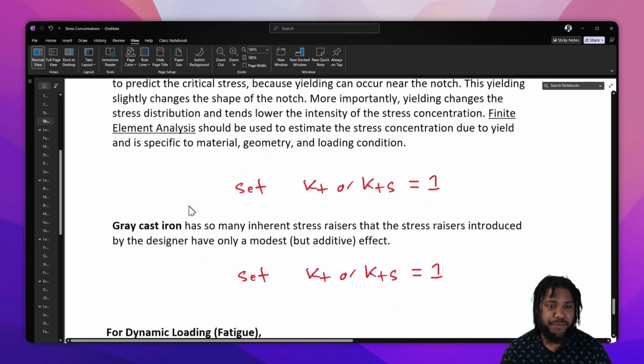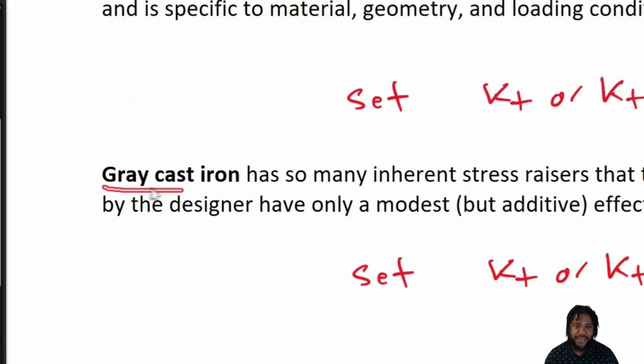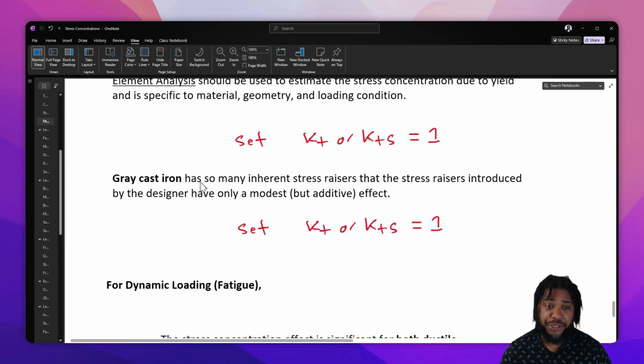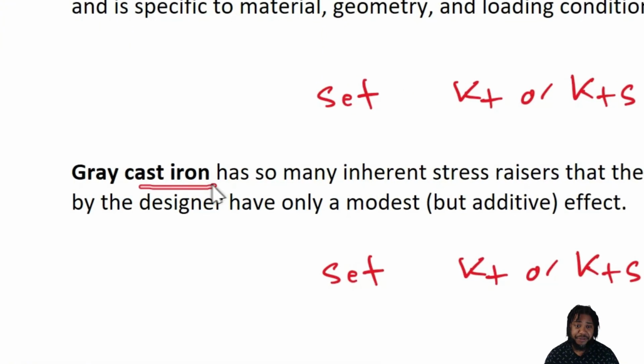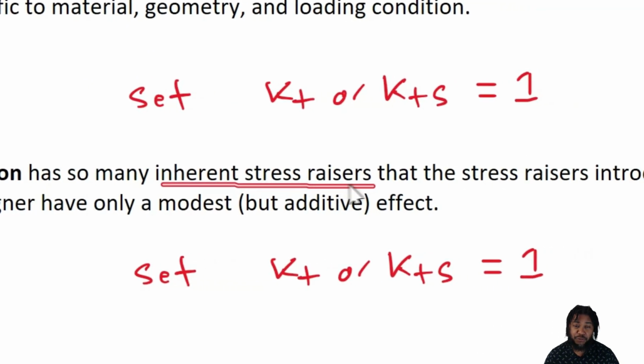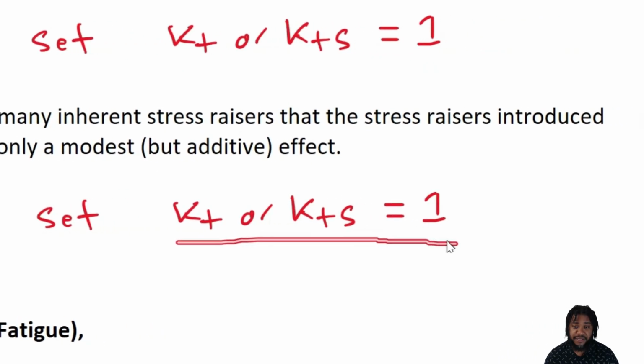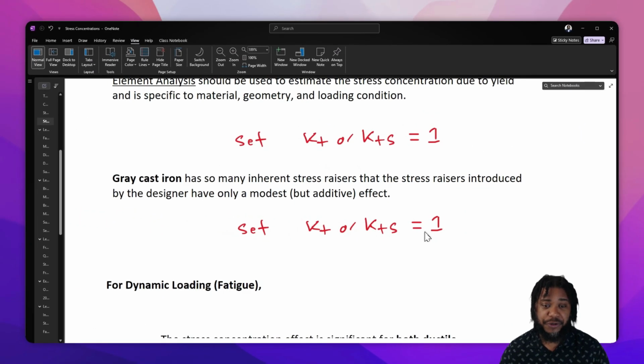One more material that is of interest is gray cast iron. This is a material that can have some ductility to it, but cast iron in particular has many stress raisers and defects built into it due to its cast nature. And so in that case, with cast iron, we also set KT and KTS equal to 1. We don't apply a stress concentration factor.